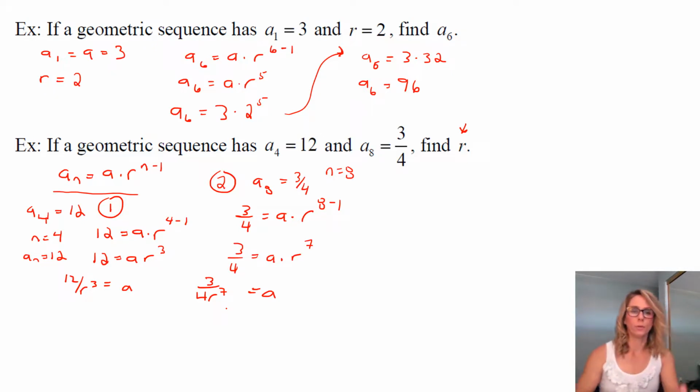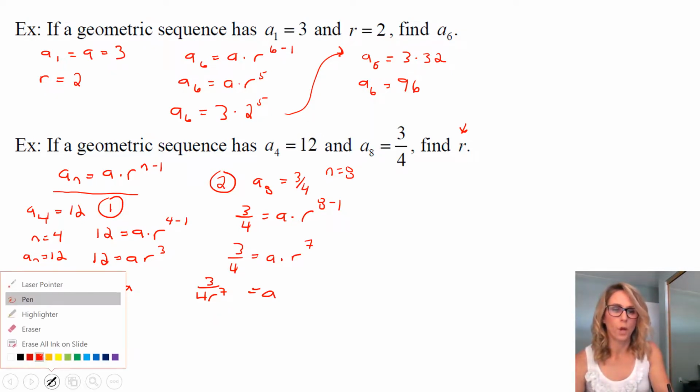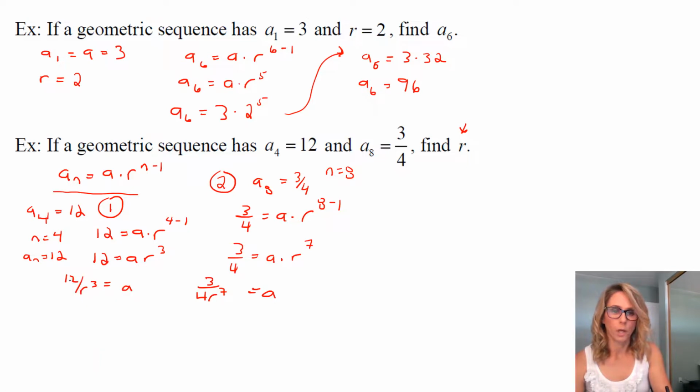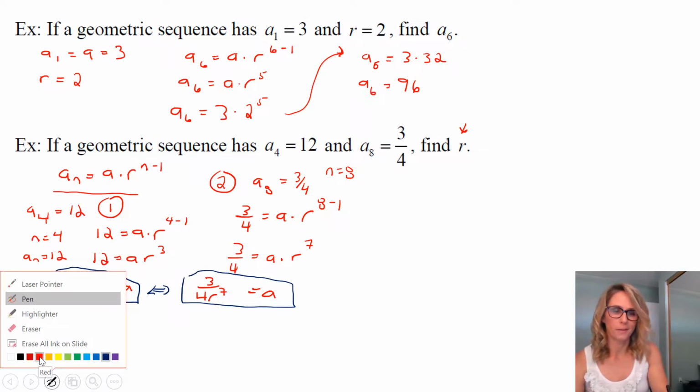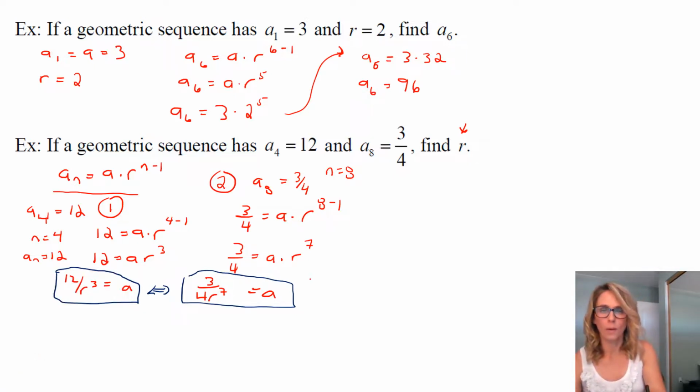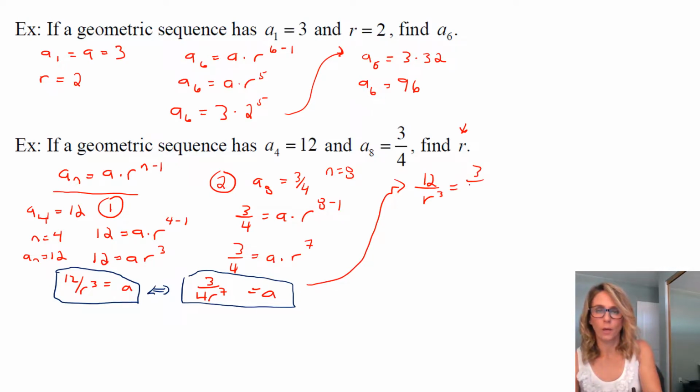And now, the big idea here is we have two things that are solved for a. a has to equal this, and a has to equal this. And so therefore, they must equal each other, meaning that 12 over r cubed must equal 3 over 4r to the 7th.